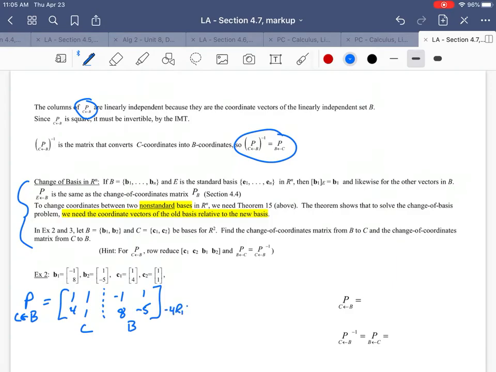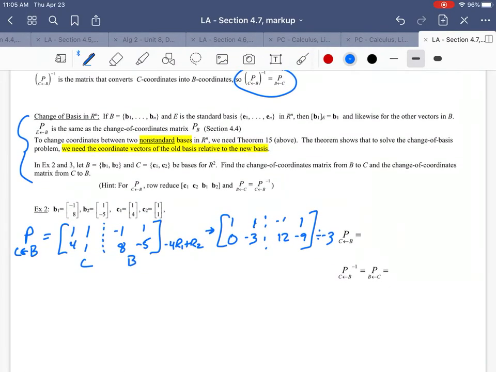First thing, -4 times row 1 plus row 2. And so that ends up getting me, the top row is staying the same, -1, 1. And then that would produce a 0 here, and then -4 plus 1, so I get -3. Then I get 12 and -9 here. All right, so then I'm going to divide the bottom row by -3.